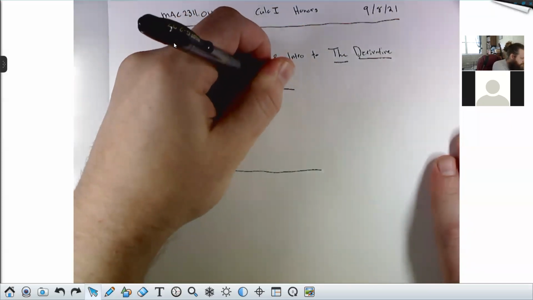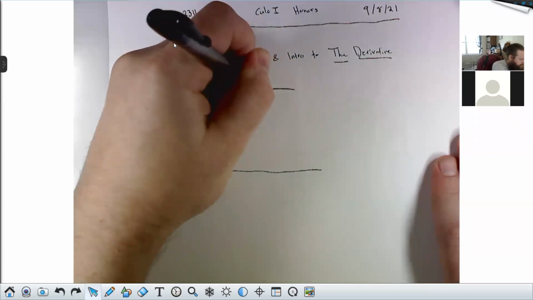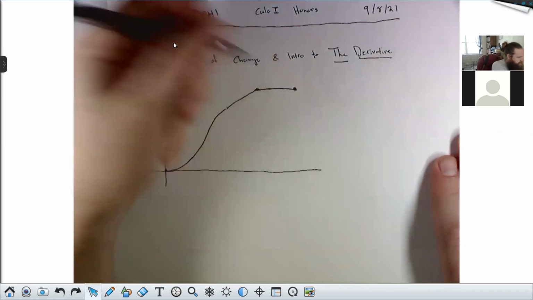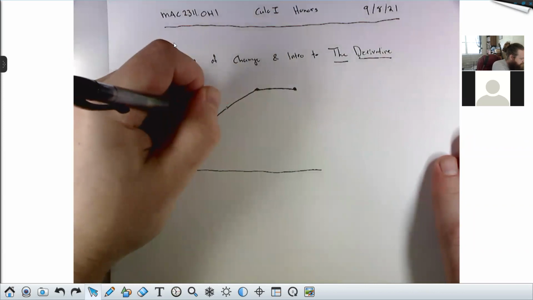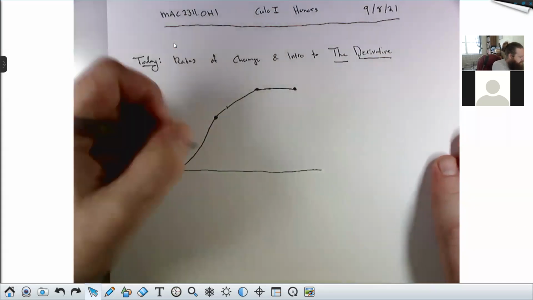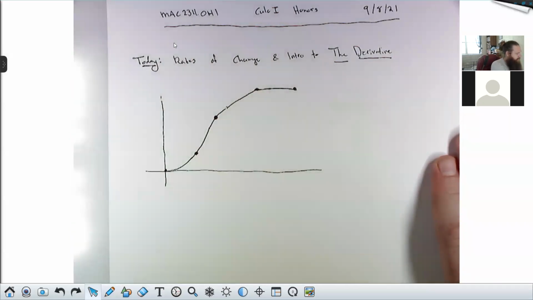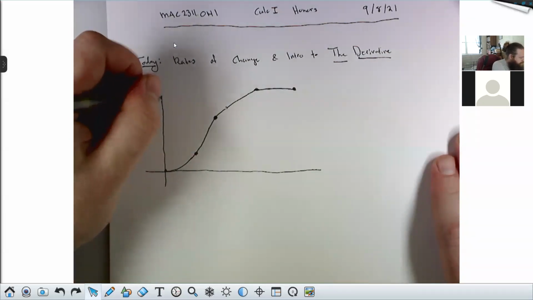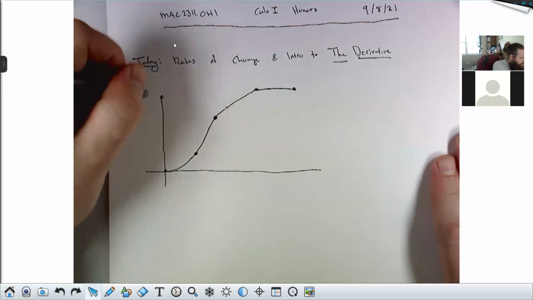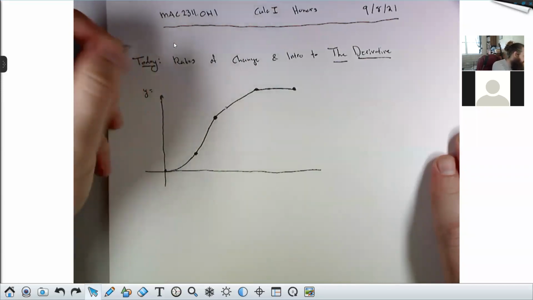Okay, this is convenient because I've been using an analogy with my pre-calculus students to help them understand rates of change. Pretend like the graph here, what should I call this?